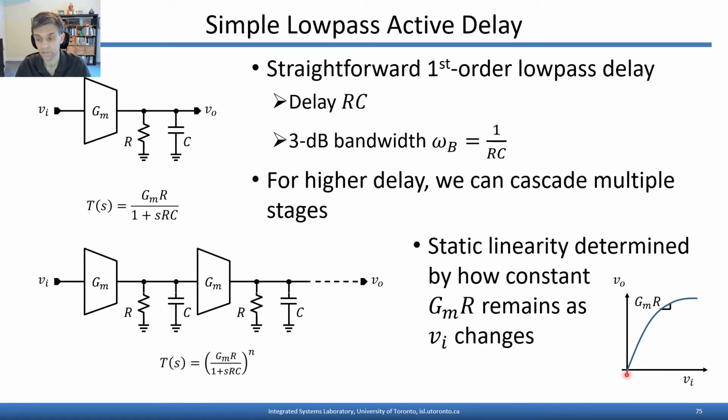So we're going to get a certain gain for small input signals VI, but as VI increases, it's quite likely that the static low frequency gain of this GMC circuit will start to saturate. And so this flattening of the gain is going to imply a static nonlinearity.